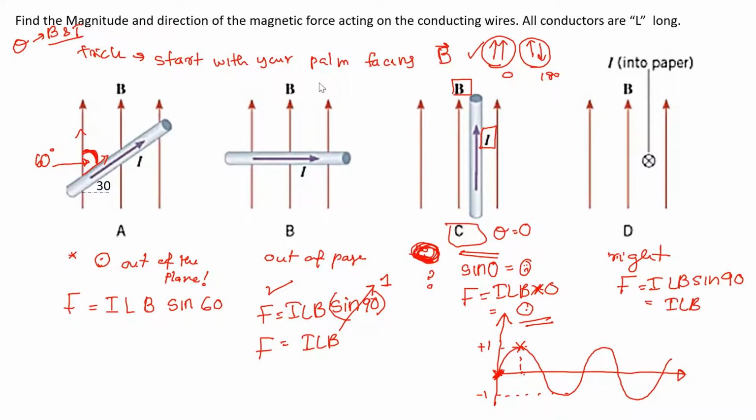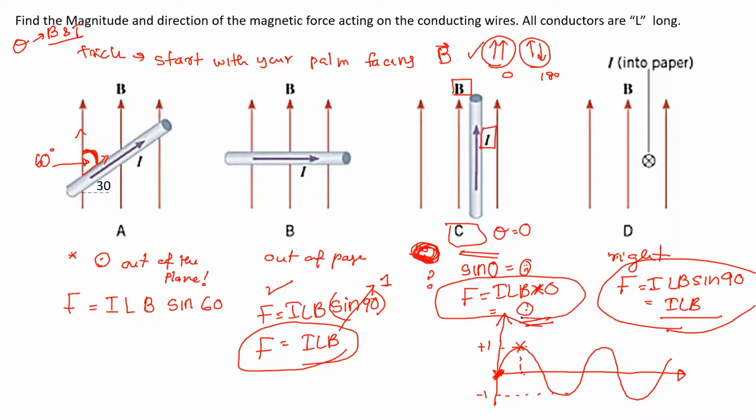So can you see that whenever your current and the magnetic field are perpendicular to each other, you get the maximum value. The maximum value it can have is when they are perpendicular, and the minimum is 0, which is when they are parallel.